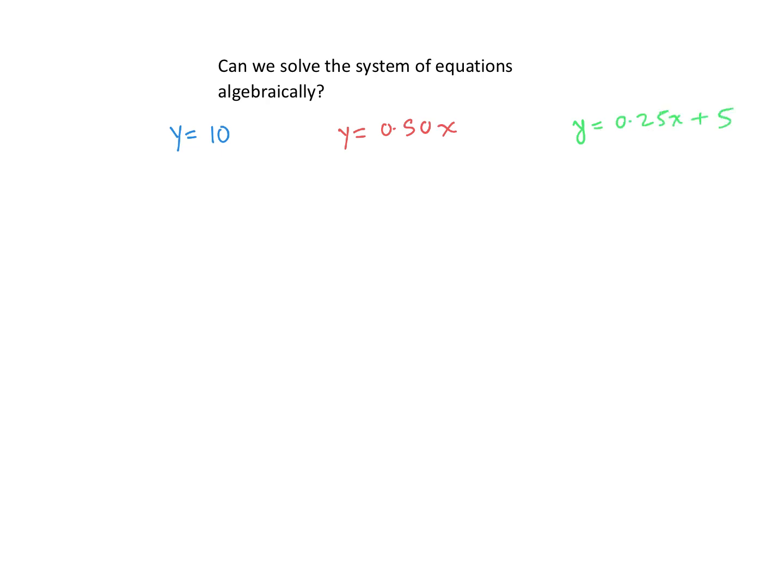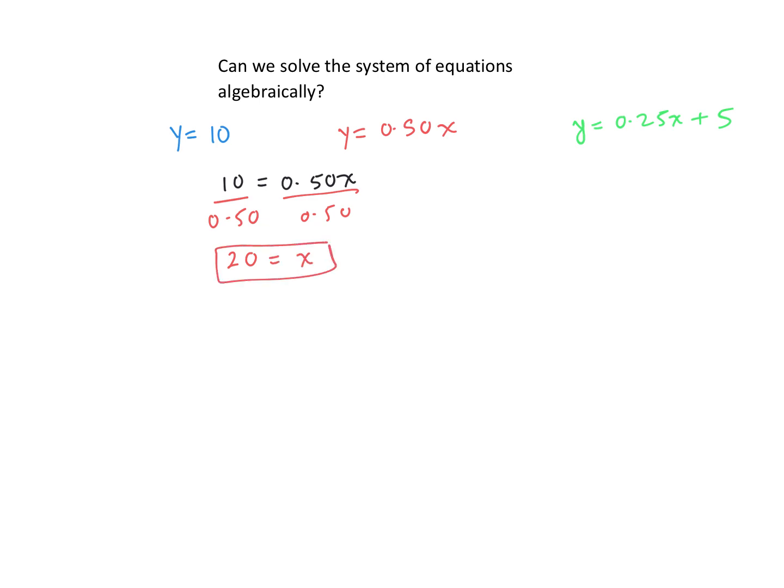When we want to know when the wages are the same, we can just make two of the equations equal to each other. So I could pick the first two. When does $10 equal 0.5x? I could divide by 0.5 to solve for x. And so 10 divided by 50 cents is 20.